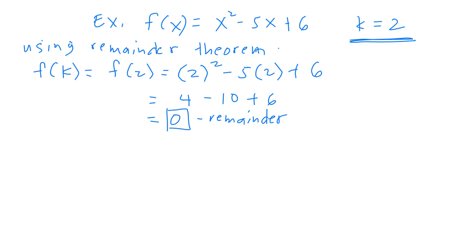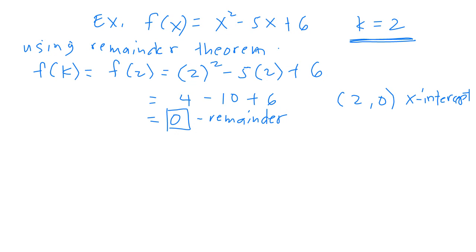If you remember, in quadratic equation, we're looking for the roots. So that's exactly the same thing. Or you can say this is our x-intercept. So you have 2 comma 0, and that would be the x-intercept. It's the point of intersection between the graph and the x-axis.